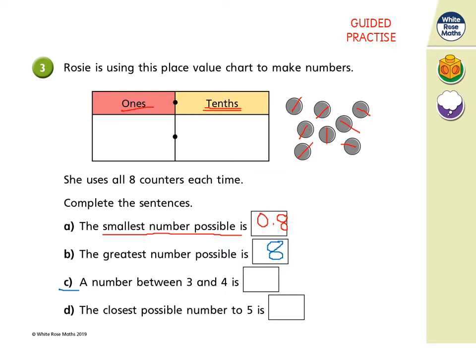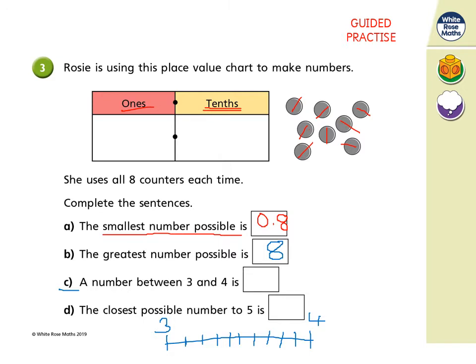We had 0.1, 0.2, 0.3. Now it would be exactly the same if I have a number line between 3 and 4. So here is 3 and here would be 4. If I had 10 equal parts dividing the number in between, so 1, 2, 3, 4, 5, 6, 7, 8, 9, 10, what could the decimals be?